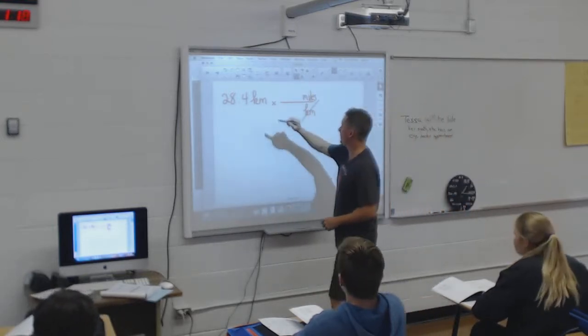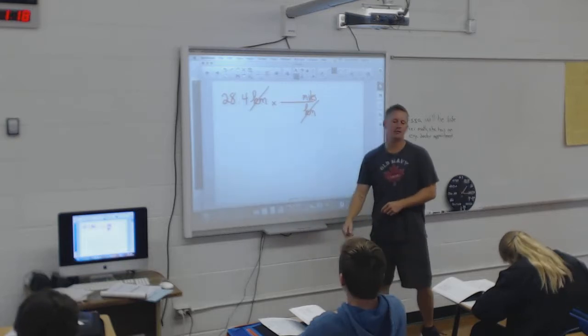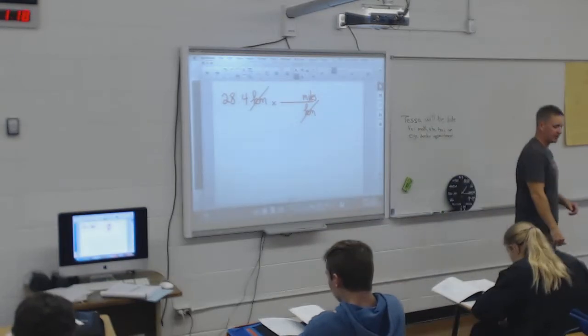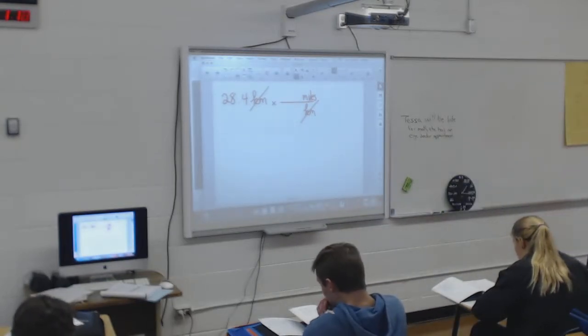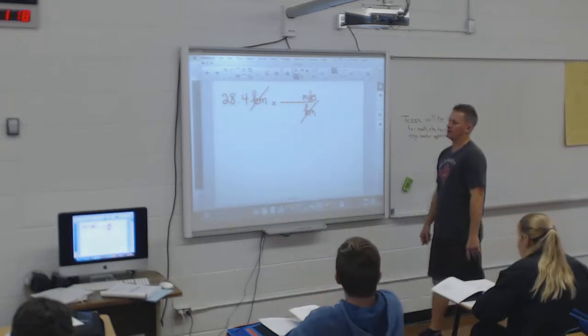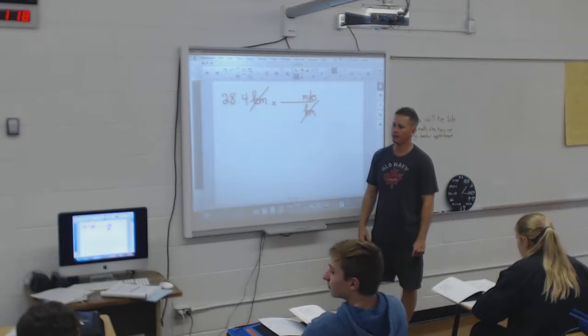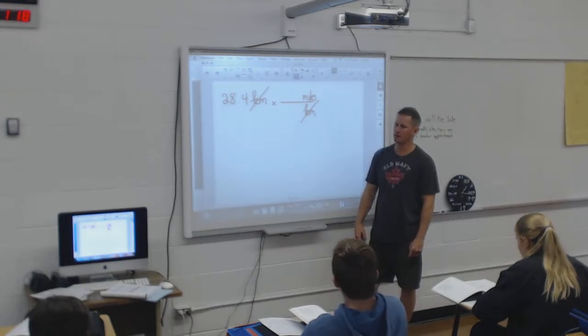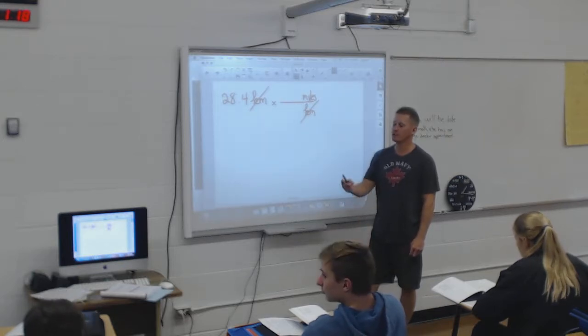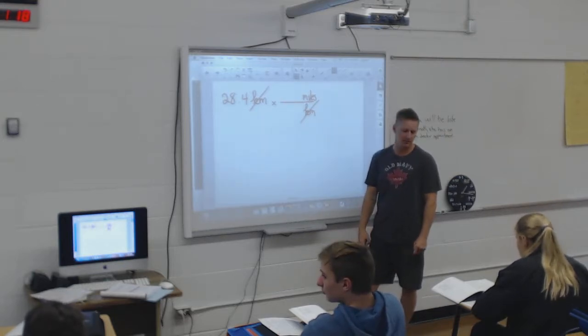So the kilometers are going to divide by the kilometers. Now, what is the ratio of miles to kilometers? Now use that sheet I handed out to you. 0.62. Okay, you're going to have to say that so that I understand. There's like 0.62 miles in a kilometer. Well, look in your sheet because there's a 4 decimal number in your sheet.